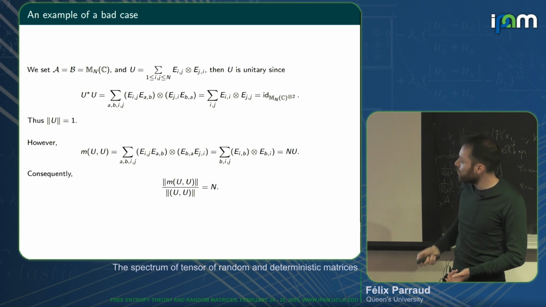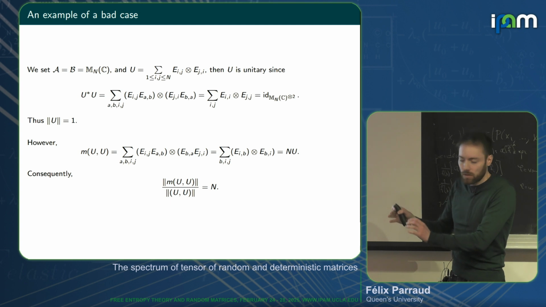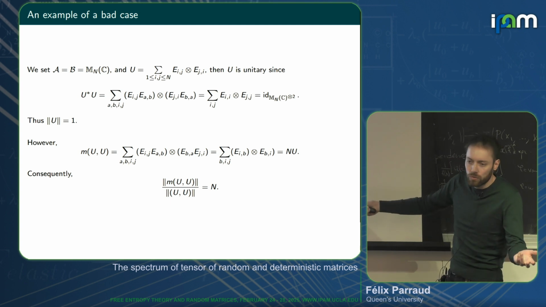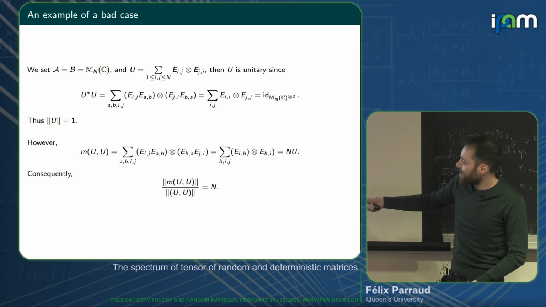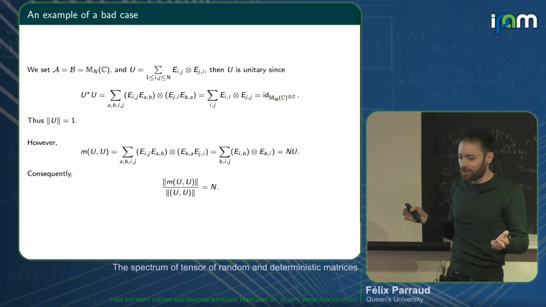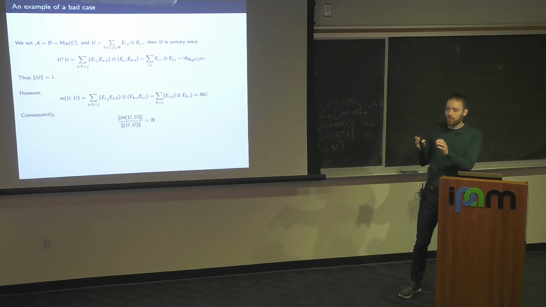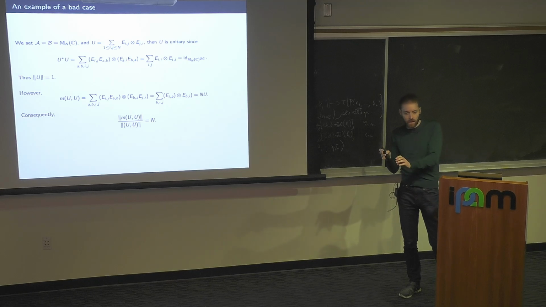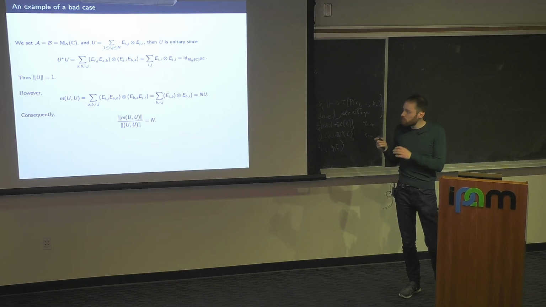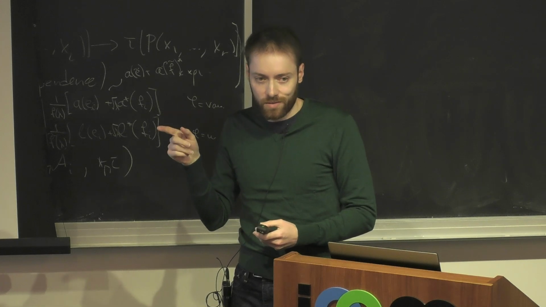So what this means is that if you're looking at the norm of M of U tensor U, normalized by the norm of the vector U tensor U, which is just one since those matrices are unitary, then you get this n. So that's really bad, because when doing your asymptotic expansion, and you're trying to go from beta i to beta i plus 1, you will need to use that map M twice, which means that if you do things naively, you will lose a factor n squared.